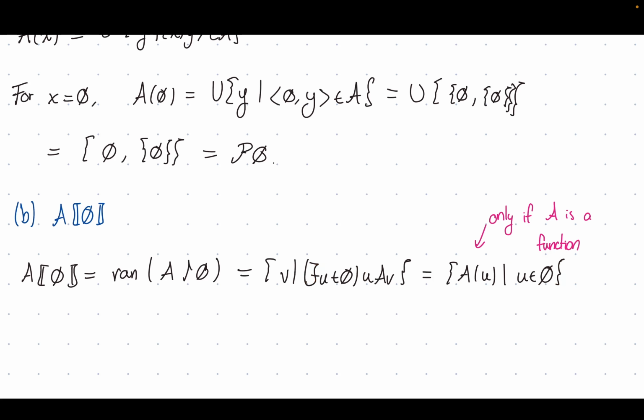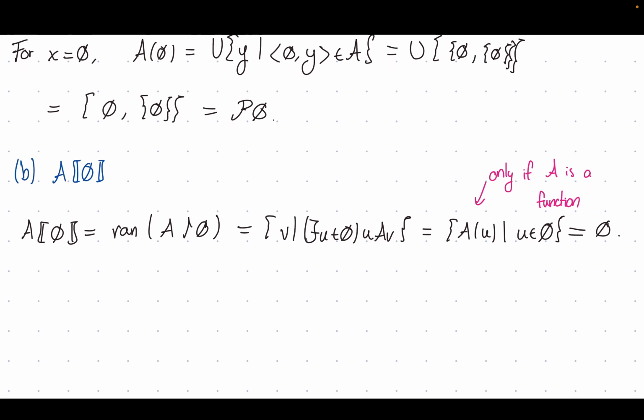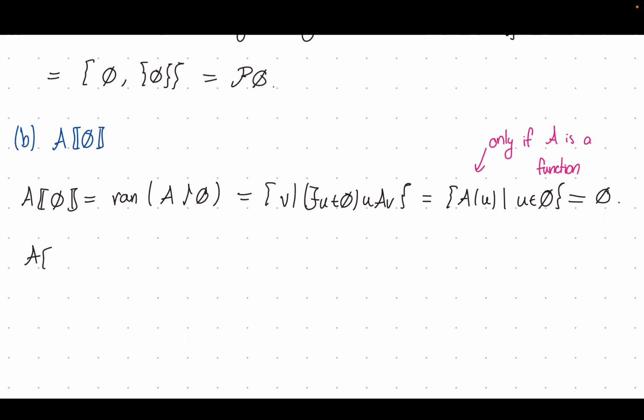The empty set is quite literally the set containing nothing. So we just have the empty set as the image of A under the empty set. So long story short, this is what you get.